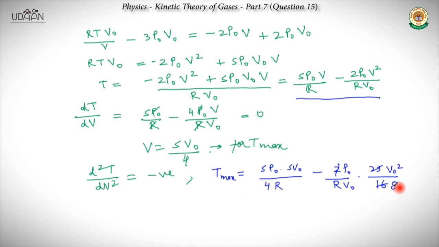This comes out to be 8, and this V naught gets cancelled. So the final answer basically comes out to be 25 P naught V naught by 8R.